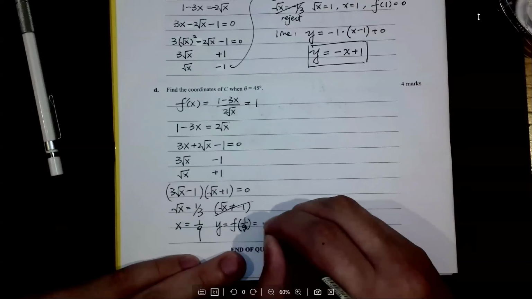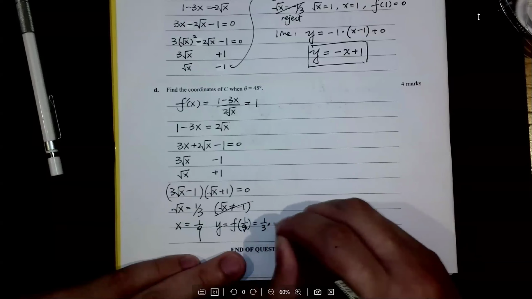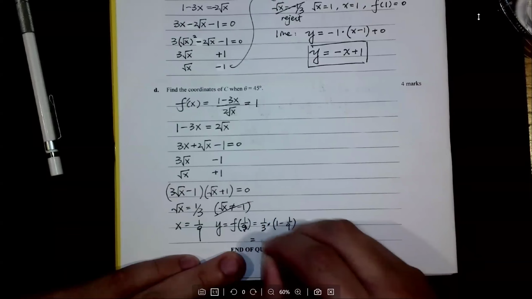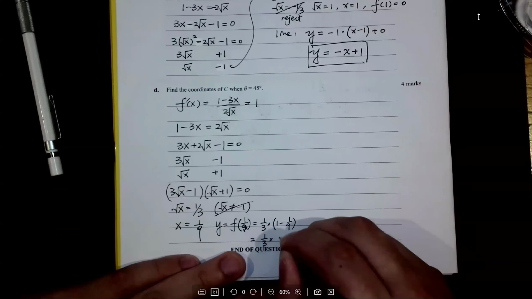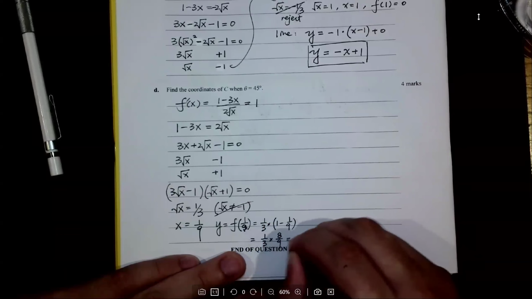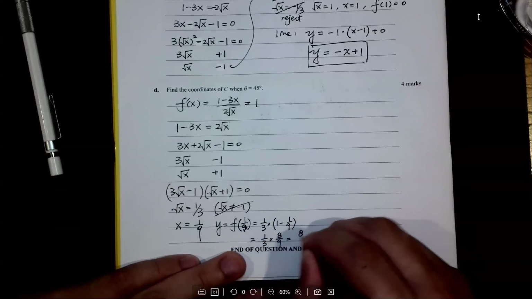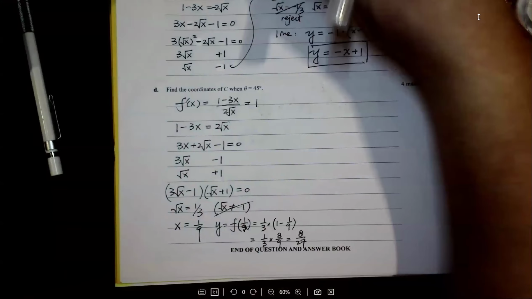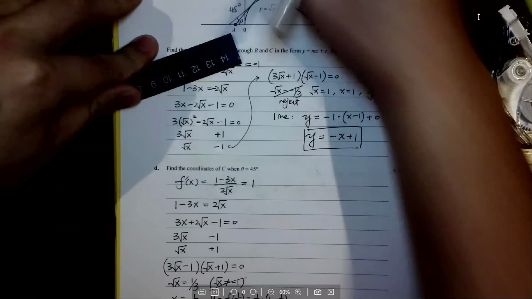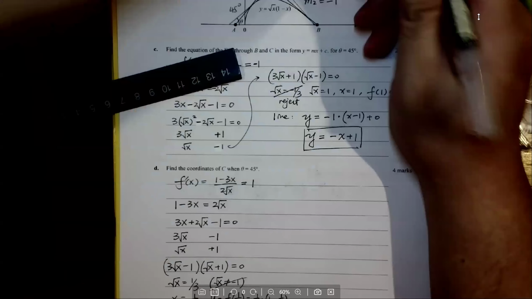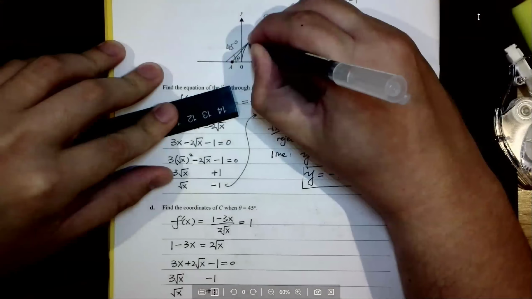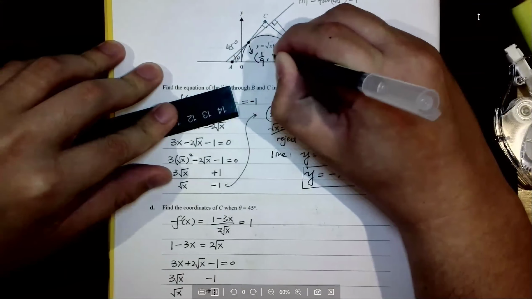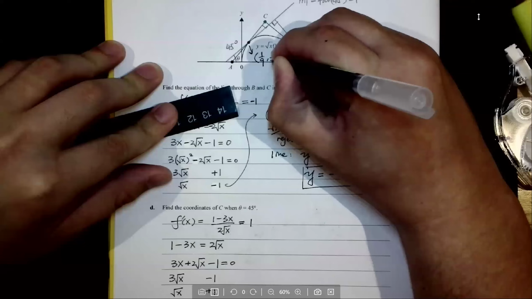So it's root x, that is 1/3 times (1 minus 1/9), which is like 1/3 times 8/9. So you get 8/27, something along this line. What does that do? That actually finds me the tangential point, okay? The tangential point.